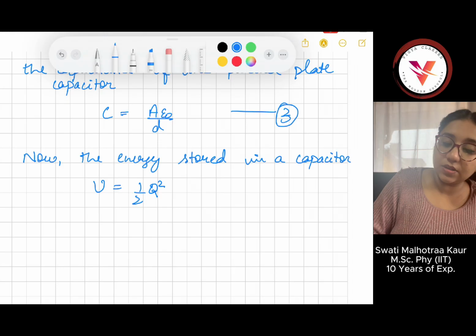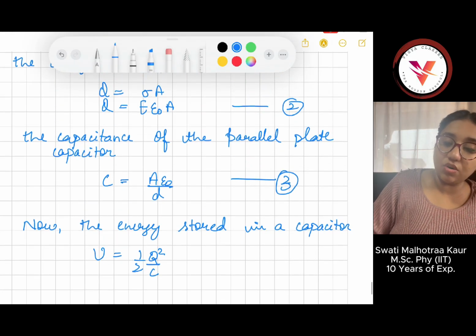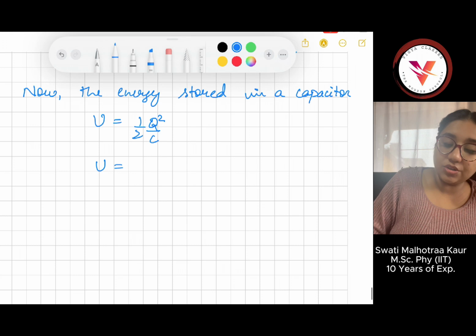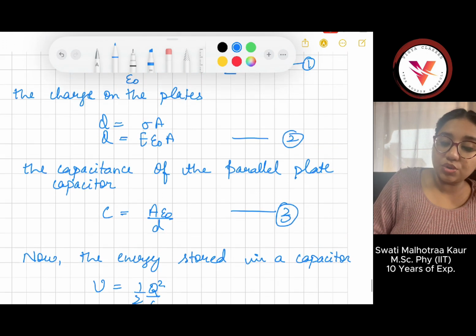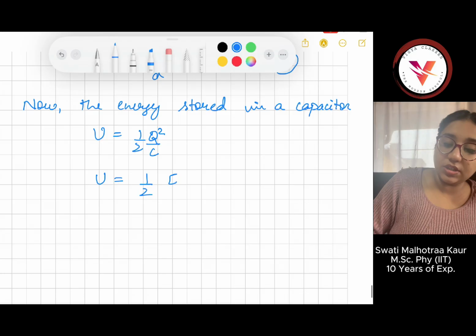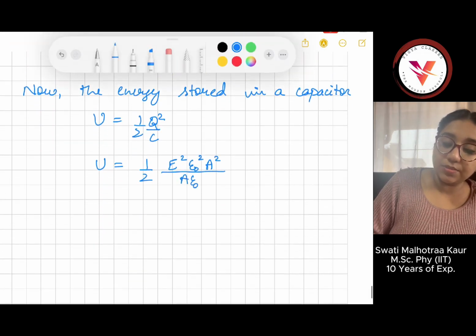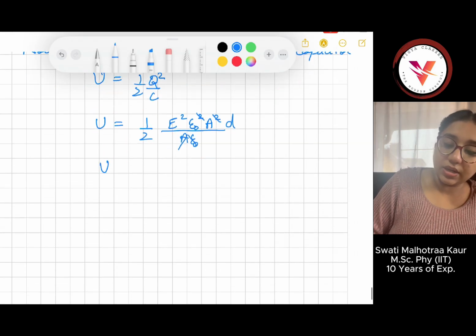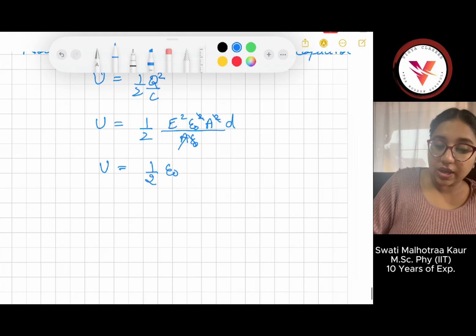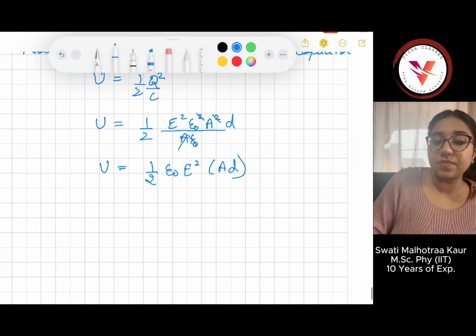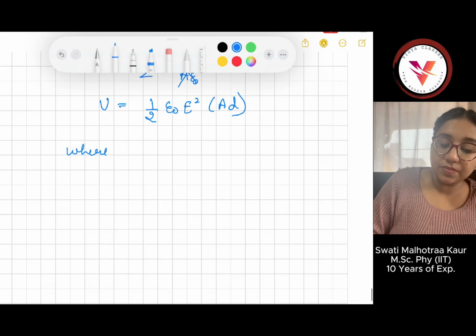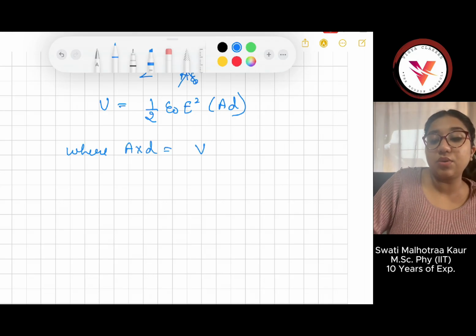Q square by C. Now just put the values of 2 and 3 here. Your energy comes out to be half Q square, which is E square epsilon naught square A square, over C, which is A epsilon naught by D. You can cancel the squares and U comes out to be half epsilon naught E square into AD, where area into distance is basically the volume between the plates.